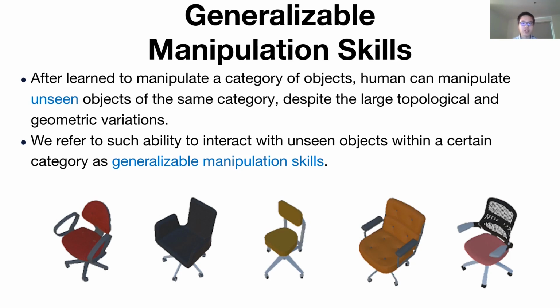No matter how many wheels the chair has, or whether there are armrests or a headrest, what the shape of the backrest looks like, we humans can use them immediately, right? We refer to such ability to interact with unseen objects within a certain category as generalizable manipulation skills.